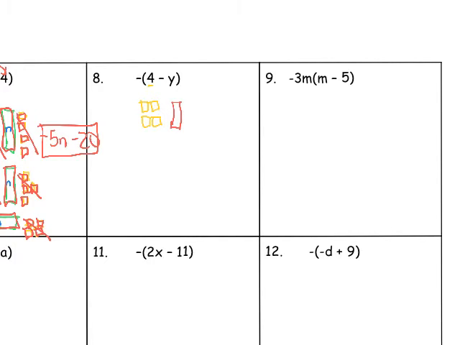So what does it mean when we see the negative sign out front of the parentheses? It means to turn everything the opposite. So all the positives become negatives, and the negatives are now positive. So what's our final answer? It is positive y minus 4. So let's take a look at that. Negative times 4 is negative 4. Negative times negative is positive, so it leaves me with positive y.